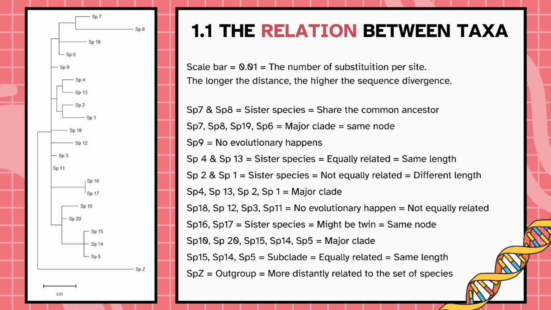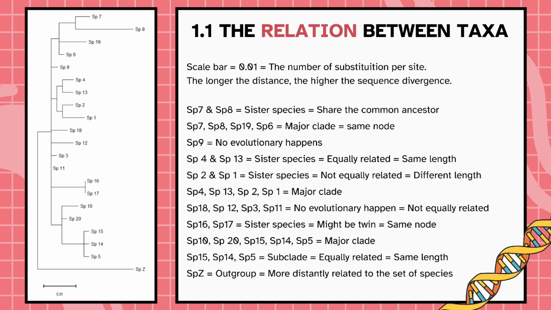And species 7, species 17 and also species 16 show they might be twin, and they're also sister species because they share the same knot. Species 10, species 20, species 15, species 14 and also species 5, they are major clade.